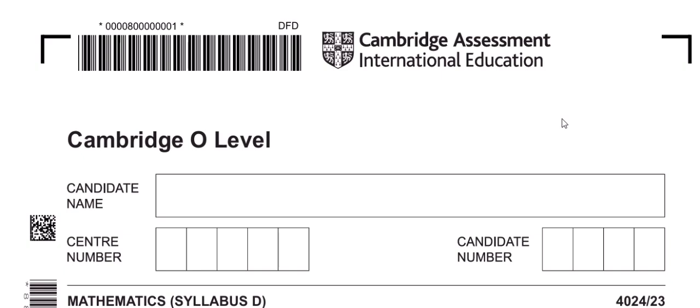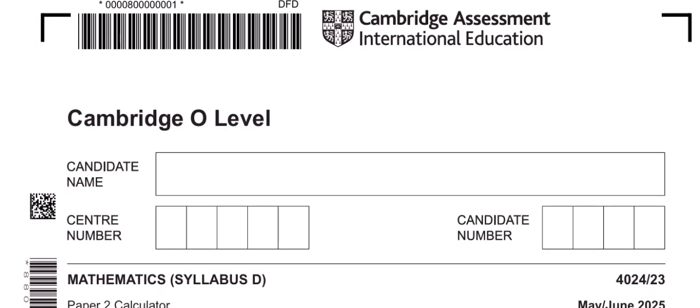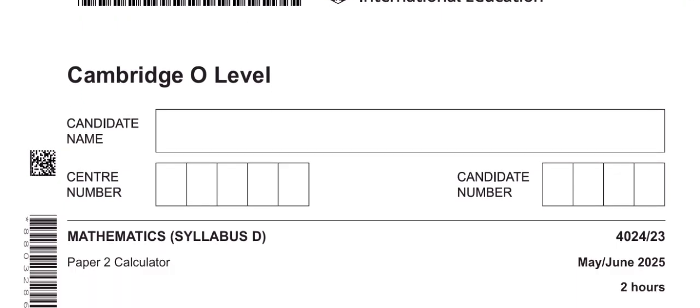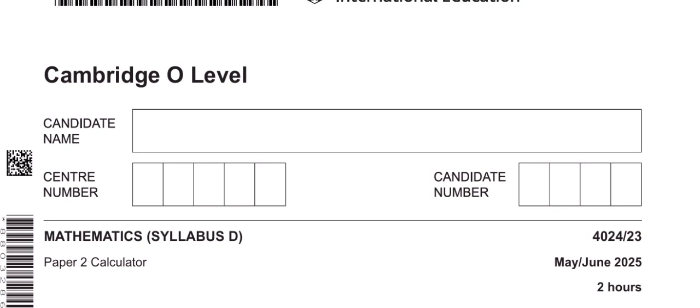In today's lecture, we will discuss a single question that is related to linear inequalities in two variables. At this time, I have a paper of 2025 O-level mathematics. This is paper 2-3.